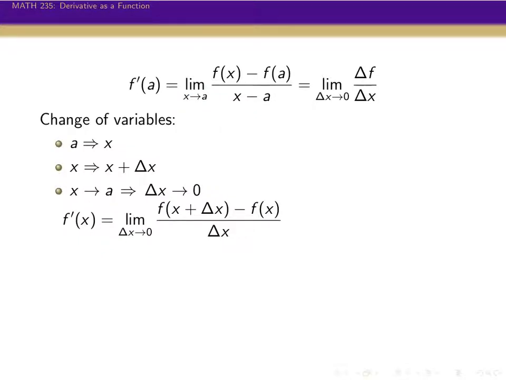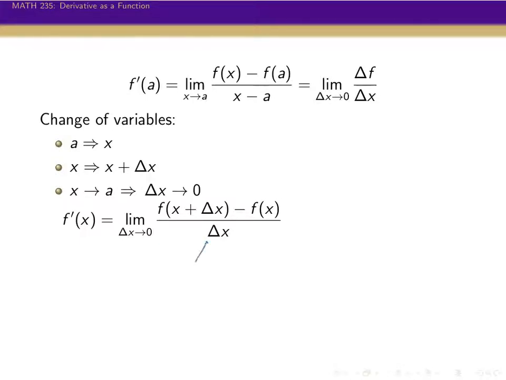So with this change of variables, the new formulation is that f prime of x is equal to the limit as delta x goes to 0 of f of x plus delta x, so that's x shifted a little bit over and then plugged into the function, minus f of x, and then on the bottom, just delta x.